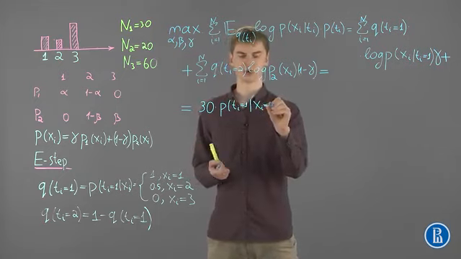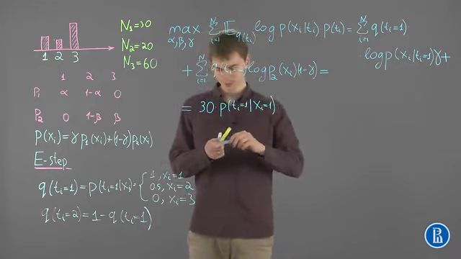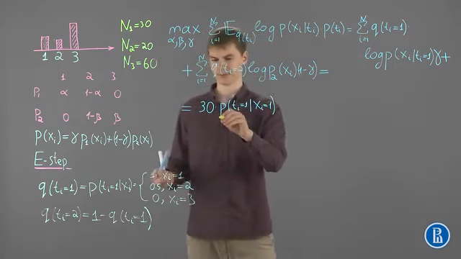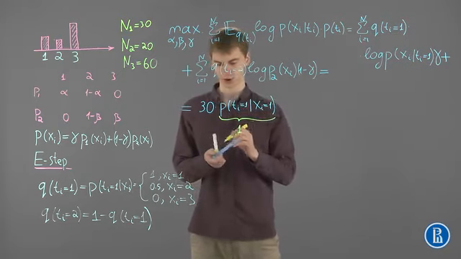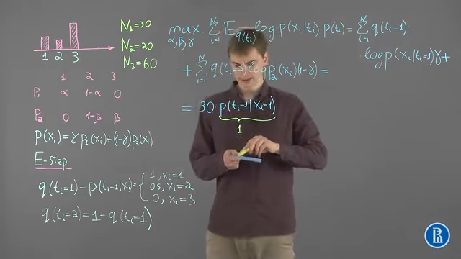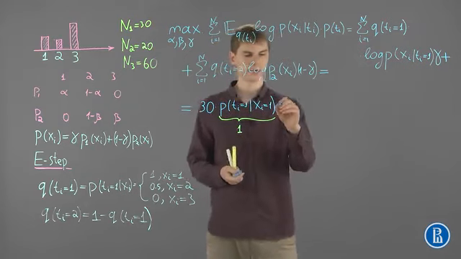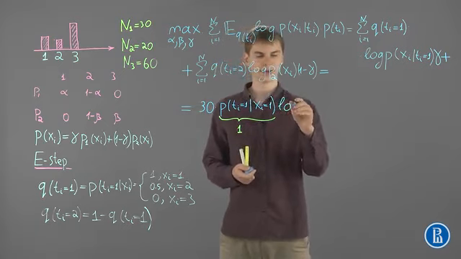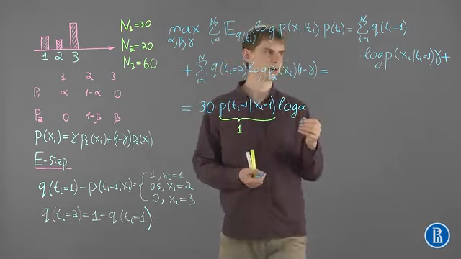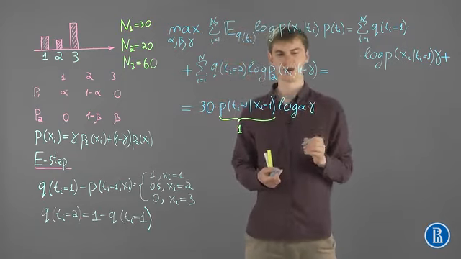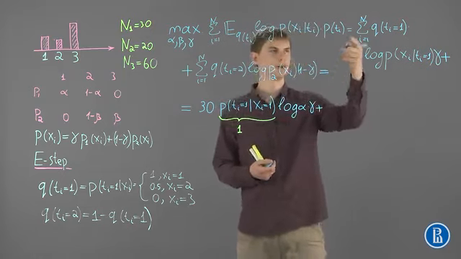And this thing is just 1, if we look up our results from the E step. This is 1, times the logarithm of the joint distribution, so the logarithm of P1 of 1, which is alpha, times the prior, which is gamma. So the probability that Ti equals 1 is the first term of the first term here.